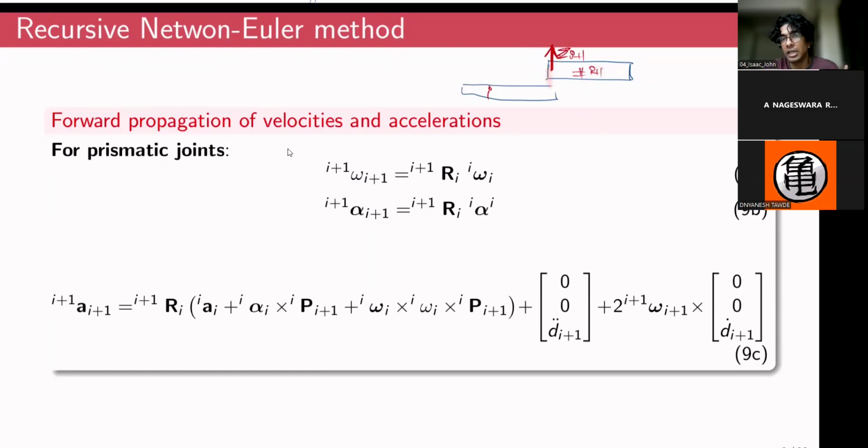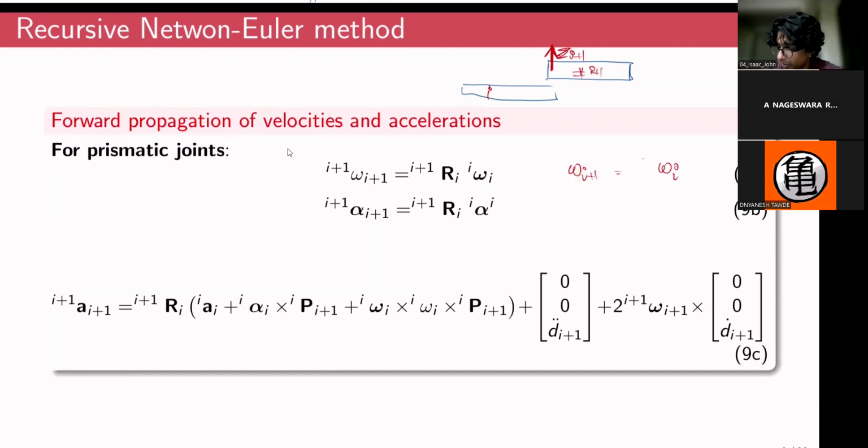Because they are rigidly connected, or they are connected with a joint. Even though this is sliding, because of the effect of the previous joint, it will also basically try to rotate. So what it says is the angular velocity of the current joint, omega I+1, is nothing but the angular velocity of the previous joint for a prismatic joint. But since we are dealing with recursive equations, we prefer to bring everything to the current frame, that is I+1.